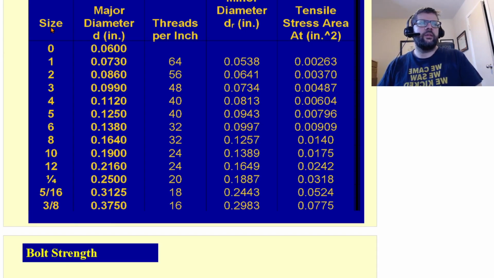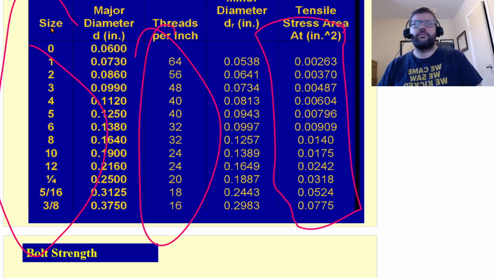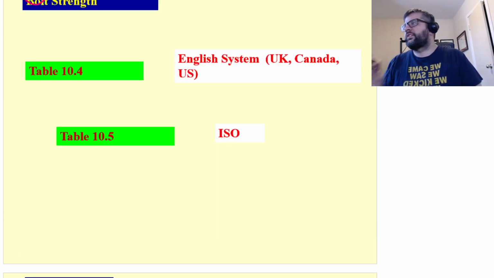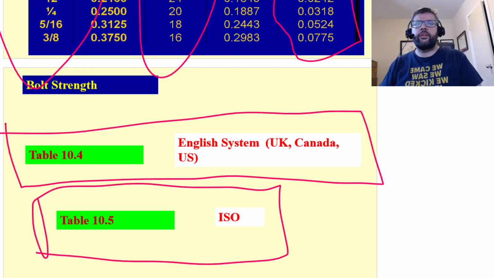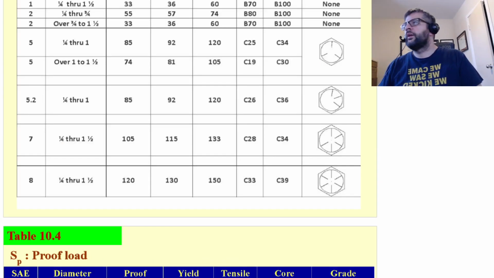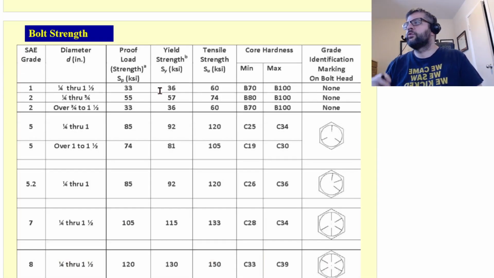All these standard sizes are for particular threads per inch. So for the strength, again, we're looking at two different tables, depending on whether we're talking the English system or metric. For the English system, we're given grades 1 through 8.